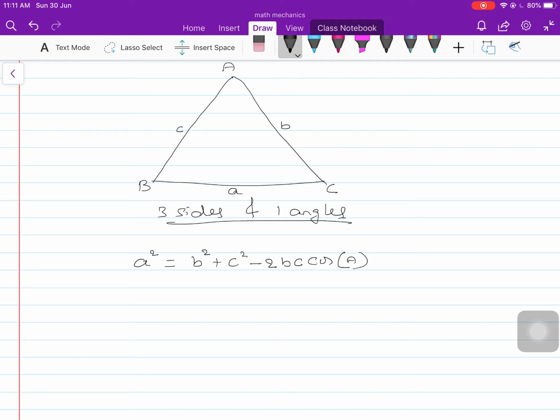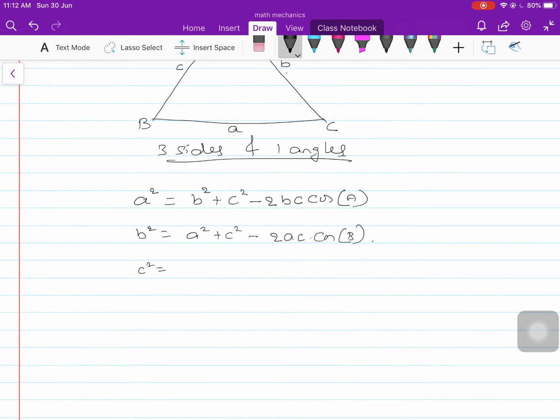The angle opposite to the side a is A. Suppose you're finding b, then b squared is equal to a squared plus c squared minus 2ac cos of the angle opposite to that, which is capital B. Similarly, c squared is equal to a squared plus b squared minus 2ab cos of the angle opposite to this. Hope this is making sense.